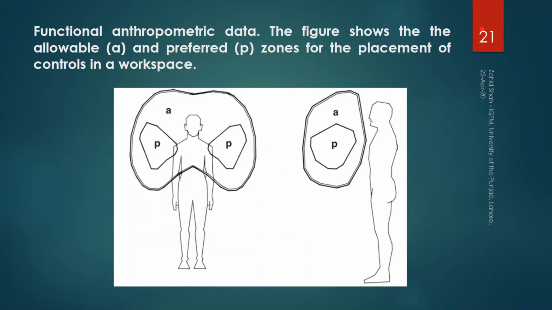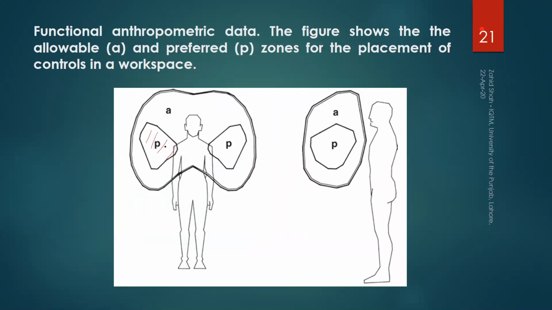Here is another example of functional anthropometric data. The figure shows here A is the allowable zone and P is the preferred zone.